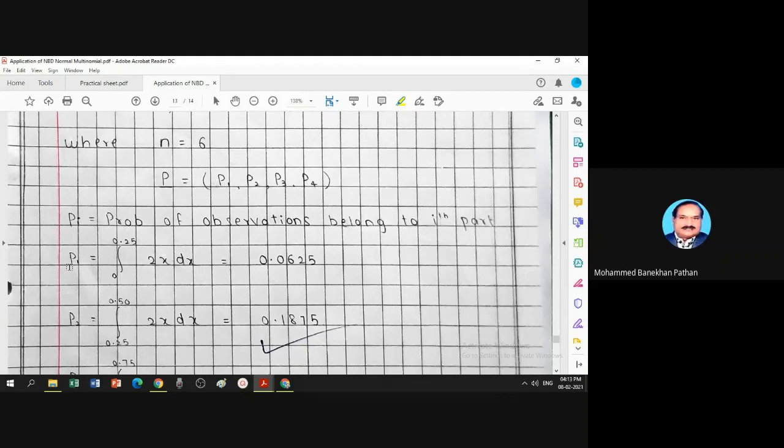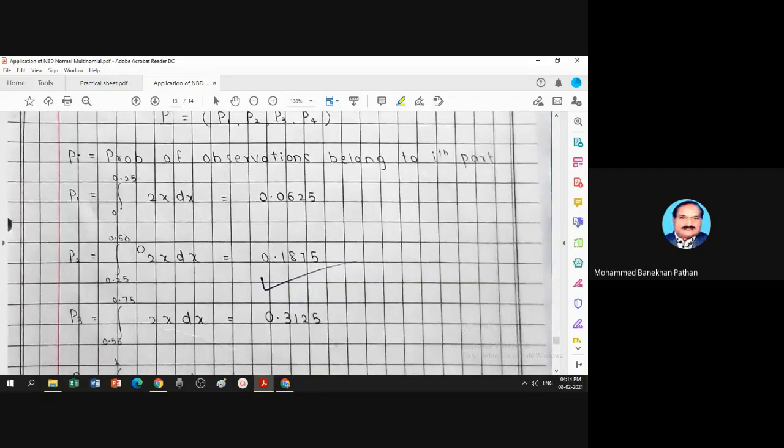So for P1, it is the first part, 0 to 0.25. 2x is the function under study, into dx. Simple integration gives the probability that an observation belongs to the first part. Calculation, simplify, the answer comes this much. Get it?